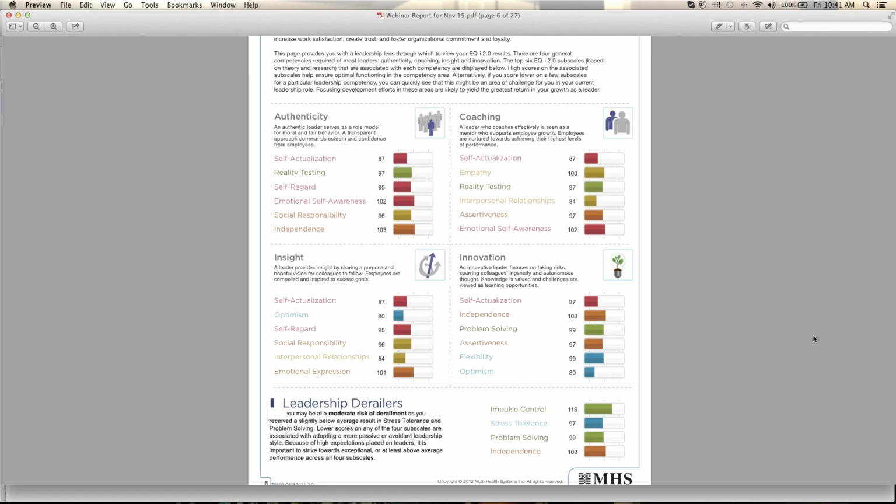So there's that move right from authenticity, who this person actually is, and the acknowledgement of them as a role model. And again, it's an opportunity to comment on moral and fair behavior, that we don't trust people that are not moral and fair.